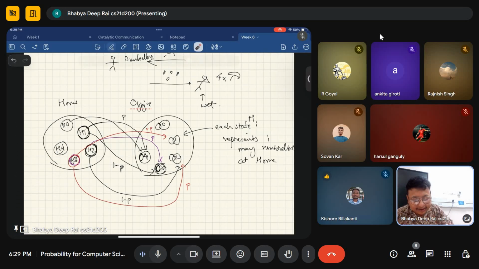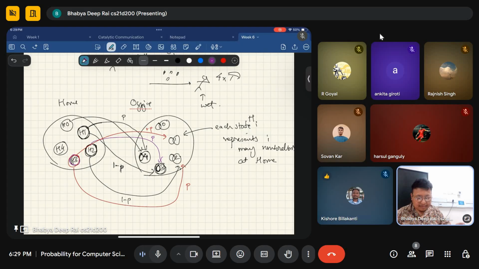So similarly, just for completeness, if I start at H4, how many umbrellas do I have? 4 umbrellas, all of the 4 are at home. Now, let's say I need to go to the office and it rains. With what probability does it rain? P probability.